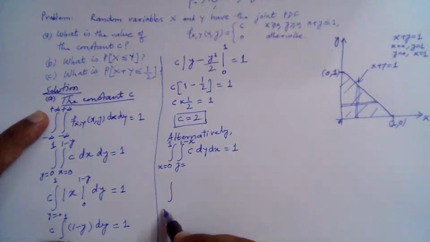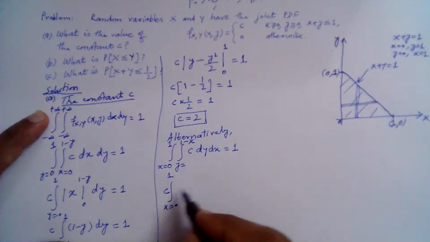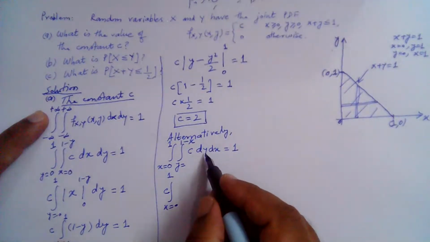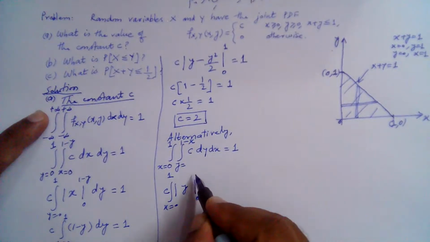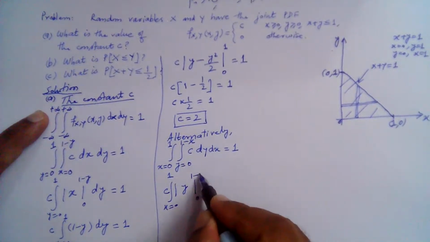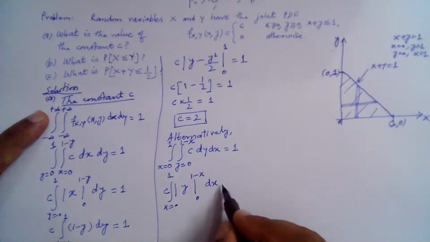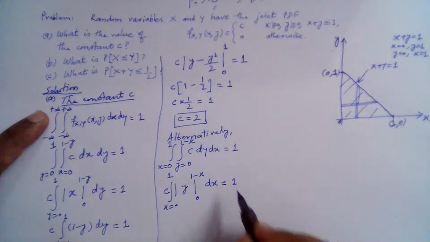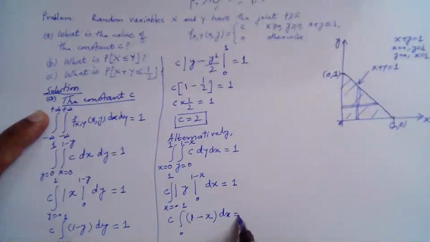So x is equal to 0 to 1. The constant c is taken out, and when we integrate with respect to y, we get a y here with limits 0 to 1 minus x, and we are still left with integration with respect to x, and this should be equal to 1. So this is c, 0 to 1, the limits, and dx, and that should be equal to 1.